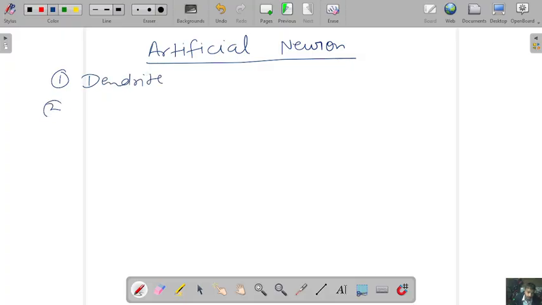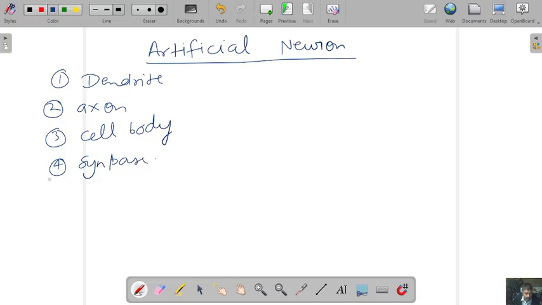Okay, and then axon, and third your cell body, and synapse. Okay, this is all human neuron. Okay, so here artificial neuron.